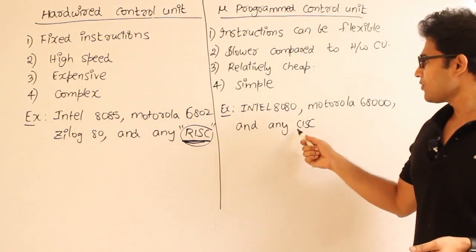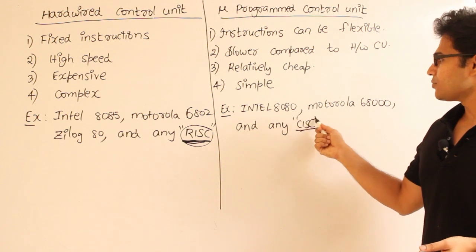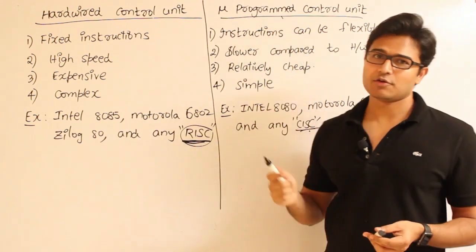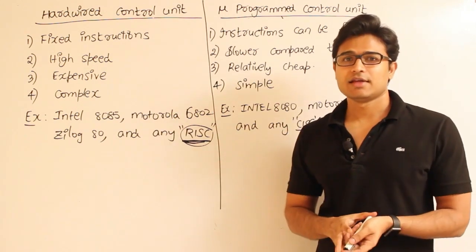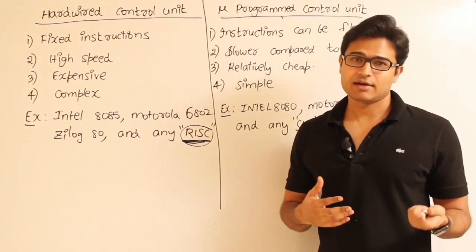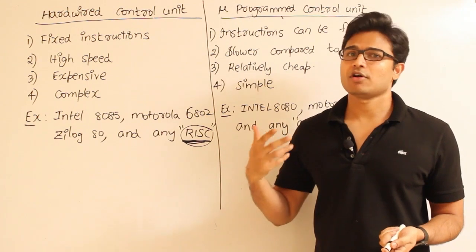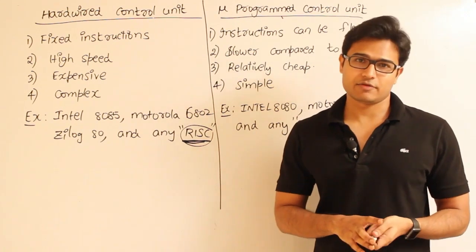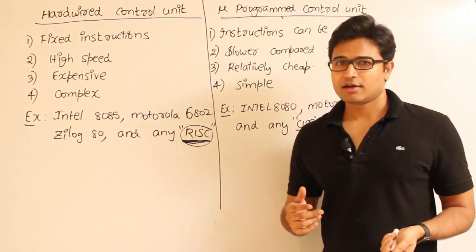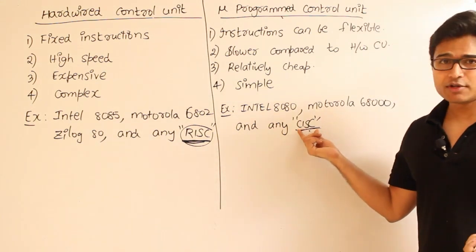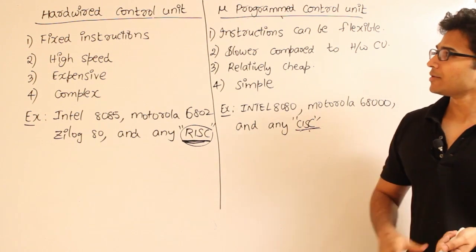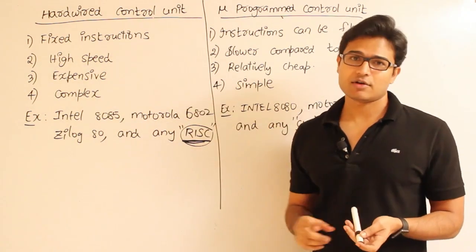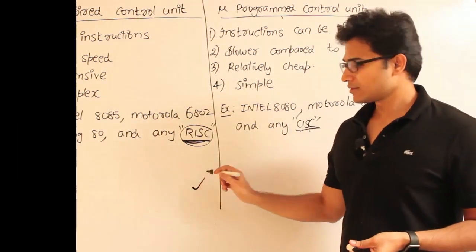In case you have complex instruction set computers, you have to go with microprogrammed, because the number of instructions are huge, as well as they are of variable length, and they demand more hardware if you want to implement in hardware. So that is the reason many computers which are having this complex set, they are using microprogrammed, right? For RISC they are using hardware, okay?